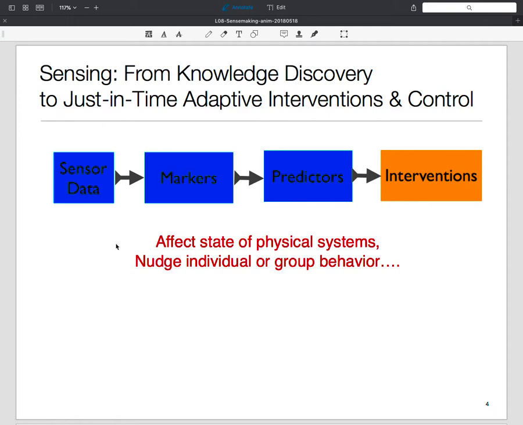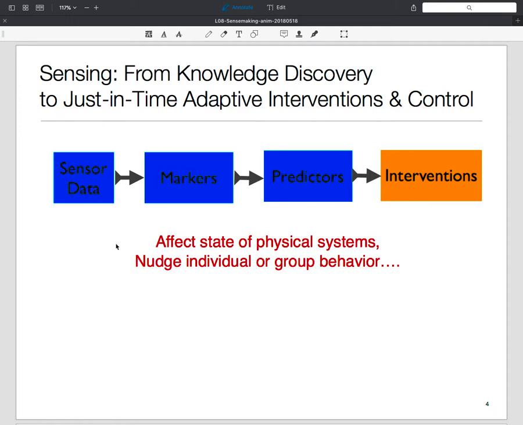Or alternatively, and that's the other part, the second mode, we can use this information to intervene, to control the system, to change the state of the physical world. So for example, once we learn what has happened, then maybe we want to keep the person healthy, by nudging the behavior or by giving medication or things like that. So that is the final bit, when sensing gets used to close the loop.